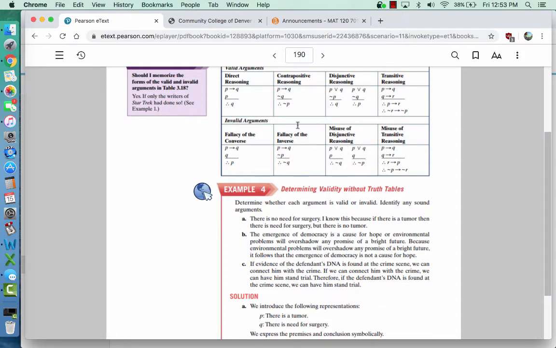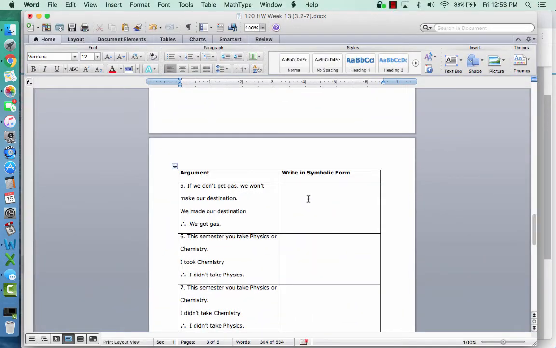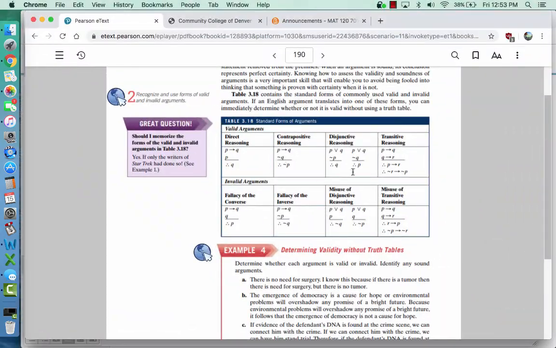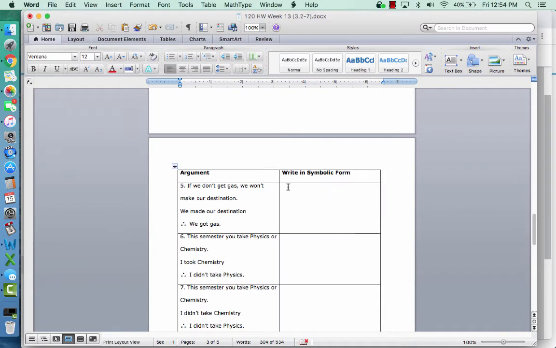All right, so let's get into some examples here, and I'll point back at this table. The point of what I'm going to do here for the examples is I'm going to translate these examples into symbolic form, and if the symbolic form fits one of my valid argument forms, then I'll say it's valid, and if it doesn't, then I'll say it's invalid. So the first thing we do when we do these problems is we take the first premise, which is the first sentence, and we define what our P and our Q will be.